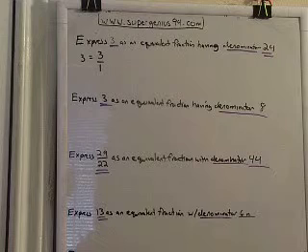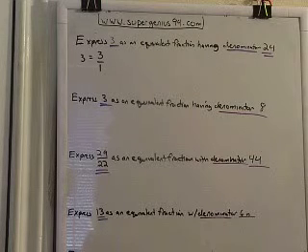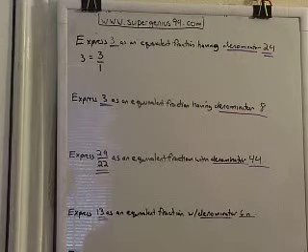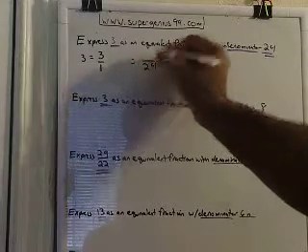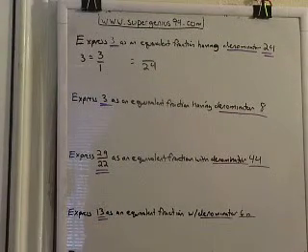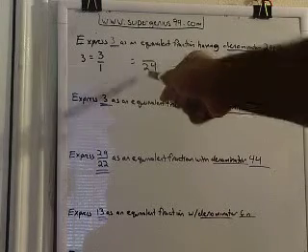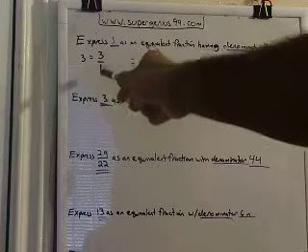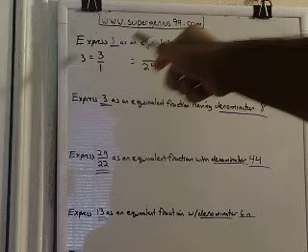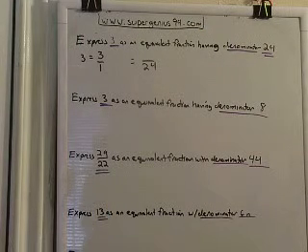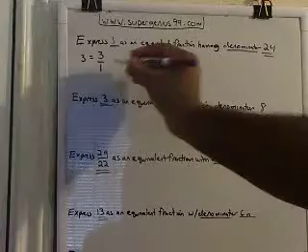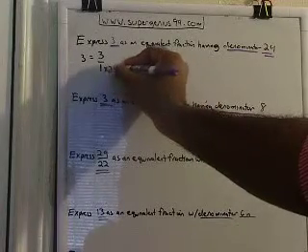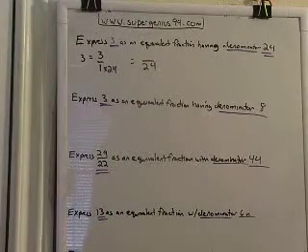Okay, now we know we want to come up with a fraction where the denominator is 24. So if I want the denominator to be 24, then I have to ask myself what times the old denominator will give me the new denominator. So what times 1 will give me 24? Well, 1 times 24 equals 24.